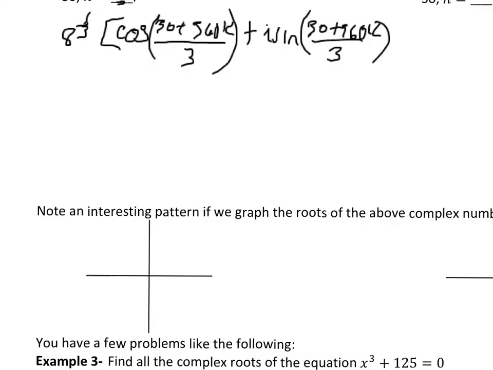All right, so we're going to start with k as 0. I plug 0 in for k, and 8 to the 1/3 is 2, times the cosine of 10, plus I sine 10.